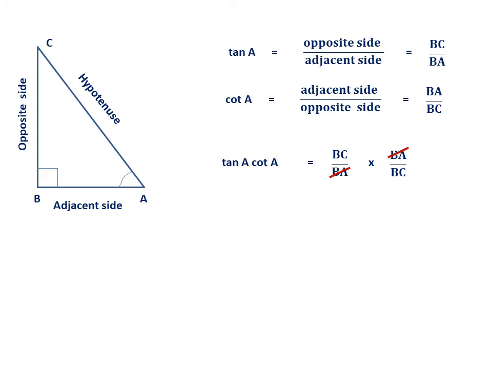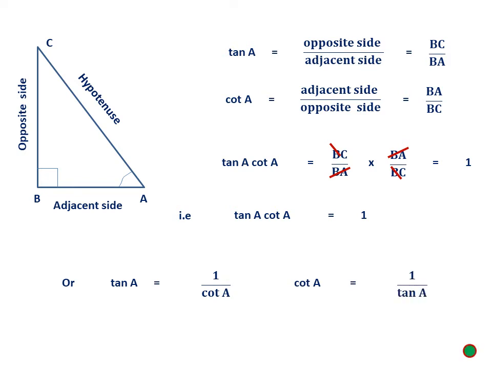Once again we can cancel BA and BA and BC can be cancelled. So you get 1. So what is the result? Therefore it is tan A into cot A equal to 1. Or we can also remember this way. Tan A is the same as 1 by cot A and cot A is the same as 1 by tan A.